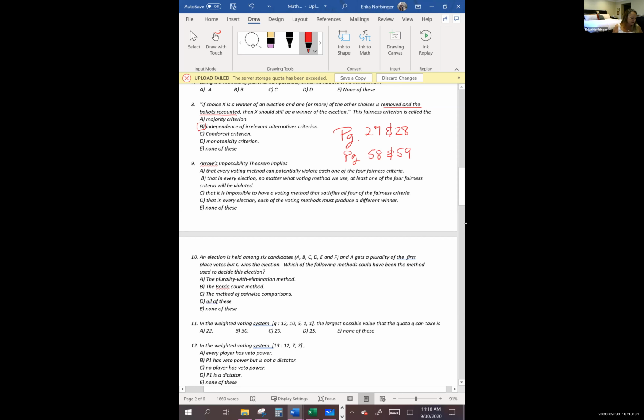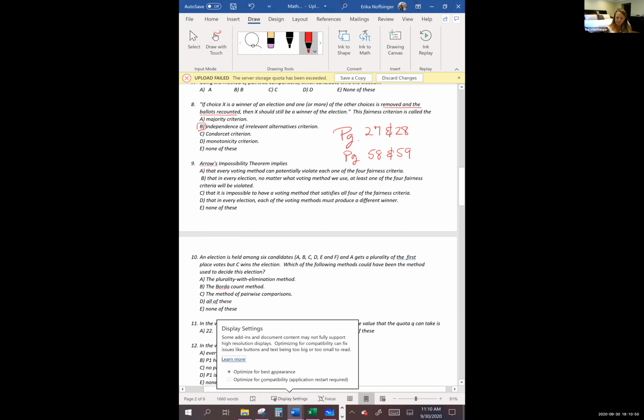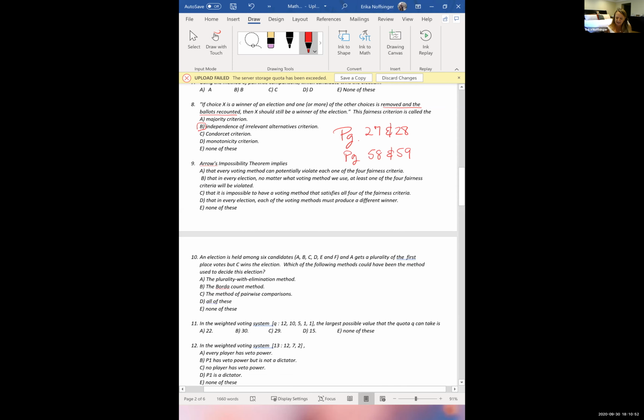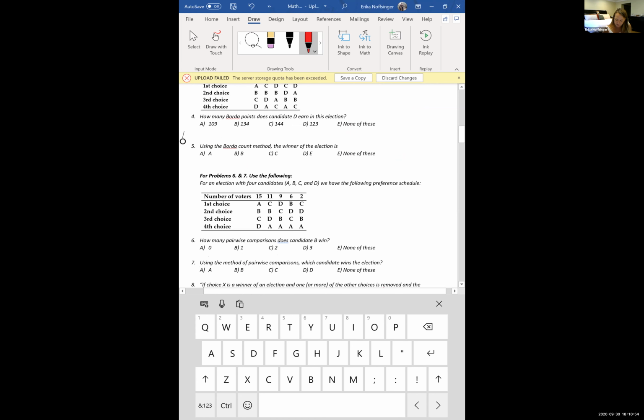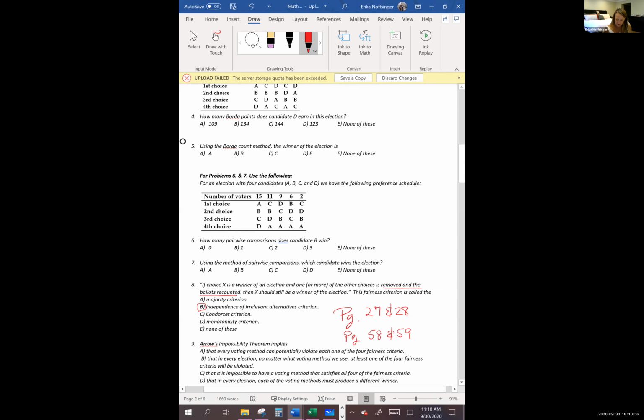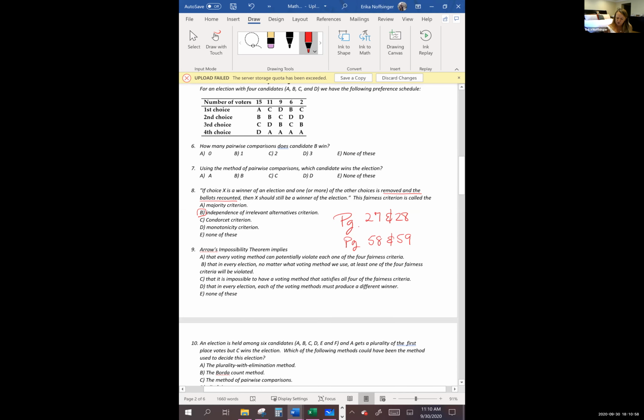And then Arrow's impossibility theorem is a theorem that proves that it is mathematically impossible for a voting method to satisfy all the fairness criteria. So down here, Arrow's impossibility theorem implies that every voting method can potentially violate each one of the 4 fairness criteria.